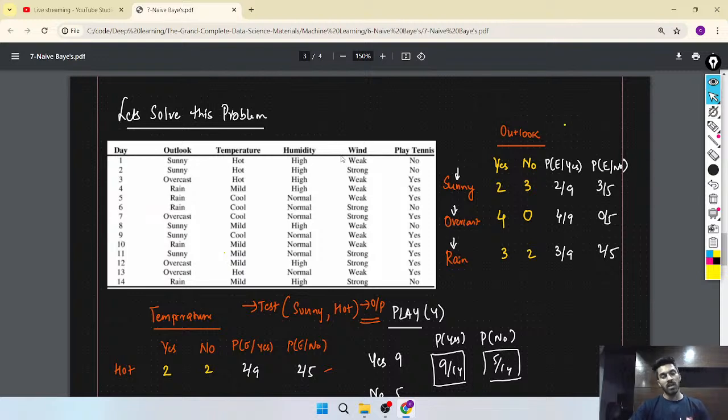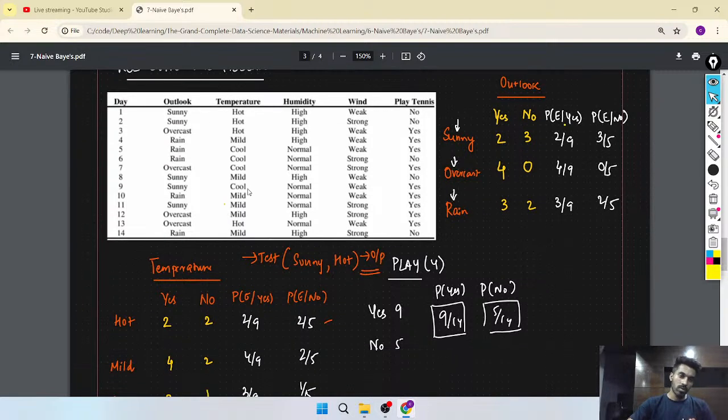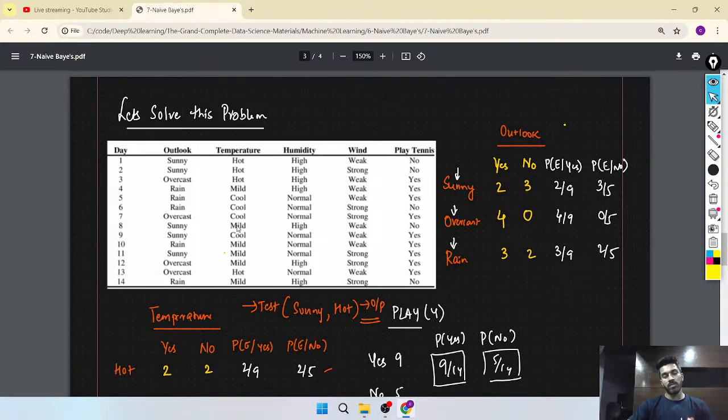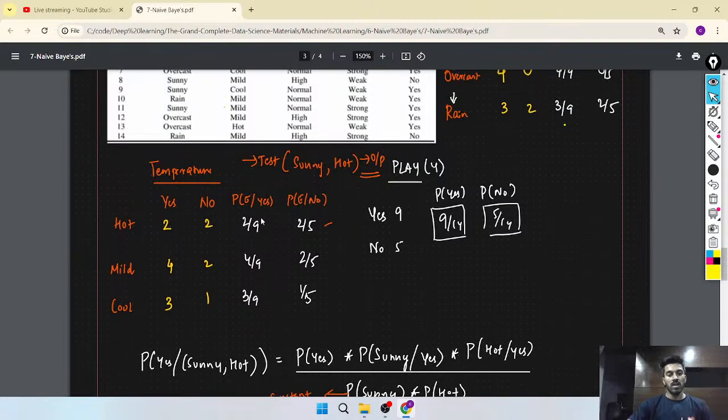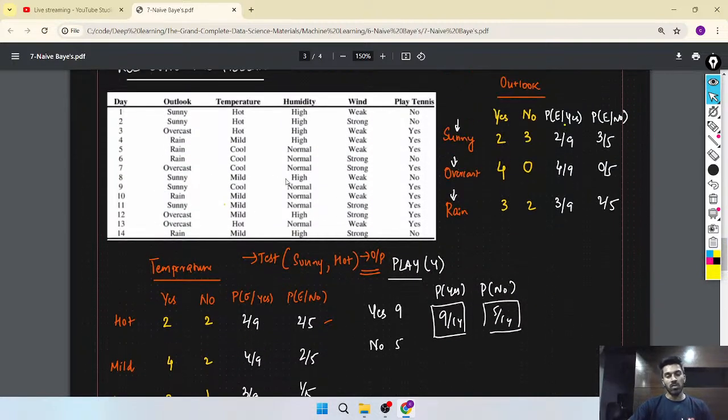So feature scaling is not required. And the second question: is it impacted by outliers? No. Why? Because an outlier is affected by distance, but here we are not calculating any distance, we are calculating probability.